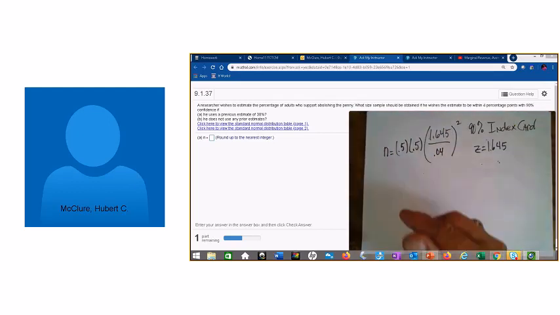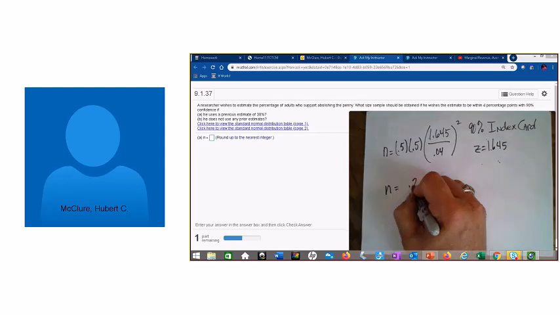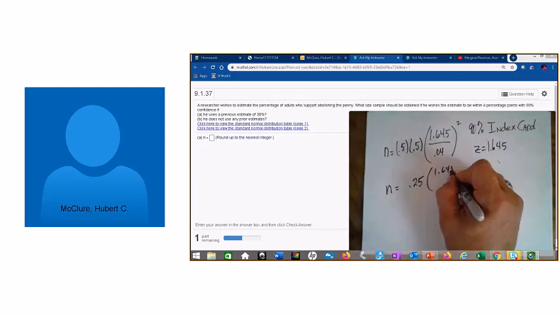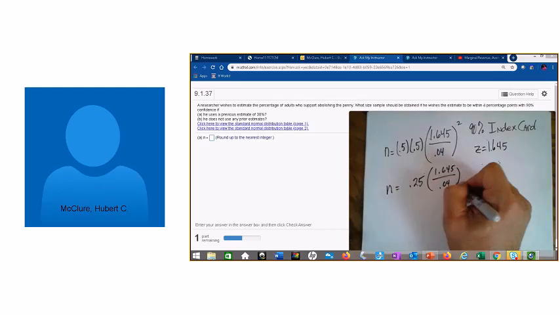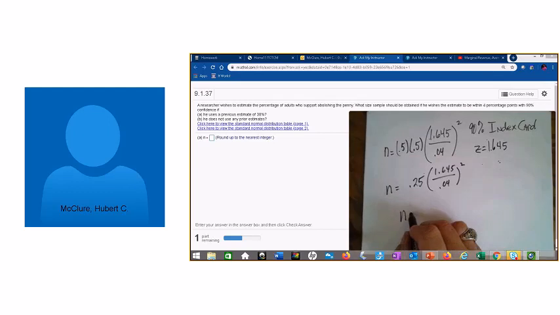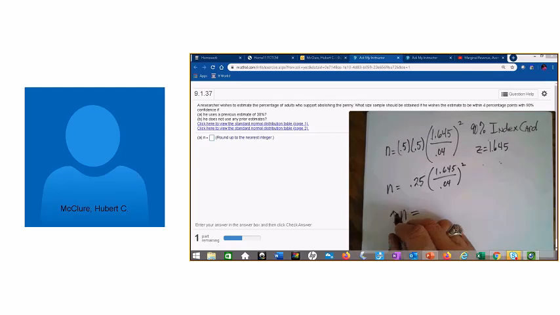So that's going to be 0.25 times 1.645 over 0.04, raised to the second power. Crank that out for me and round up. I think you might need to use the 0.38 that they used in section A.